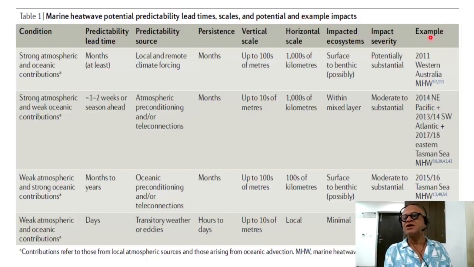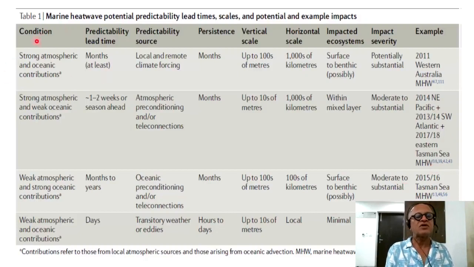So specific heat waves are used here. I haven't shown a map, but you can find a map in this paper as well. So the West Australian heat wave in 2011, Northeast Pacific and Southwest Atlantic, Eastern Tasman Sea, and heat spikes and so on.